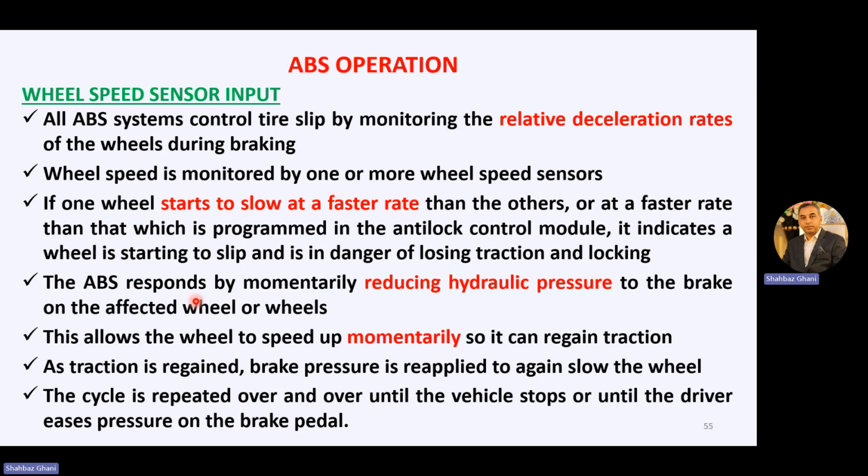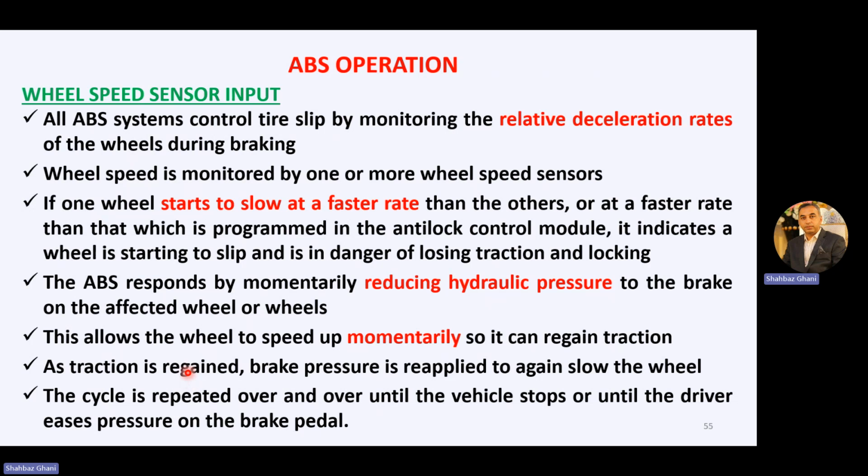The ABS responds by momentarily reducing hydraulic pressure. So when the wheel is slipping or losing traction, the hydraulic pressure going to the brake on the affected wheel or wheels will be reduced. This allows the wheel to speed up momentarily so it can regain traction.